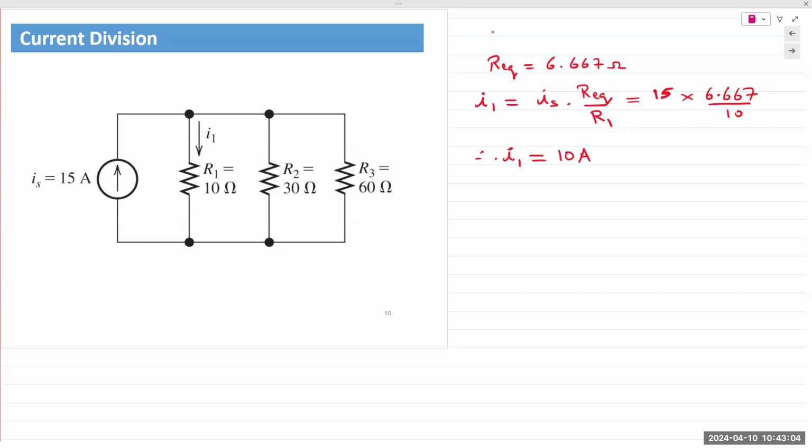Did we get 10 amps? Does everybody get 10 amps? Now, I'll write out the equation. You can calculate the others, but you can solve them logically. Think about how you can solve this logically. Look at the values of the resistances.